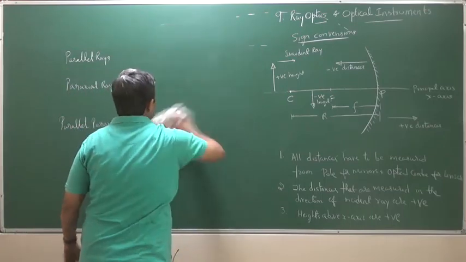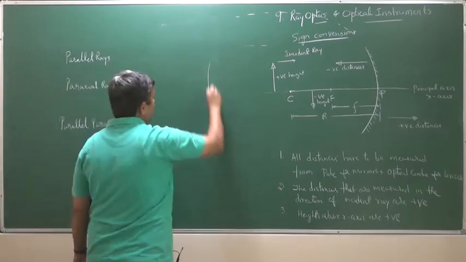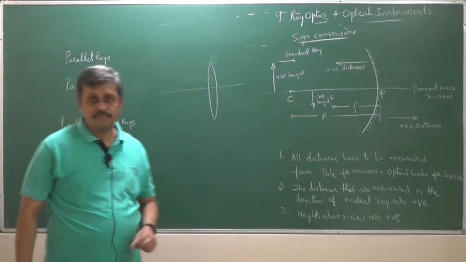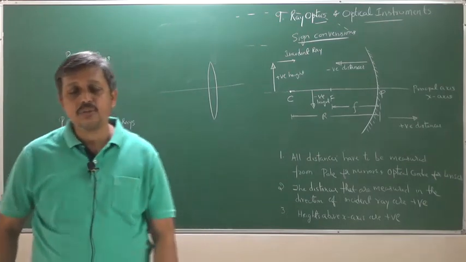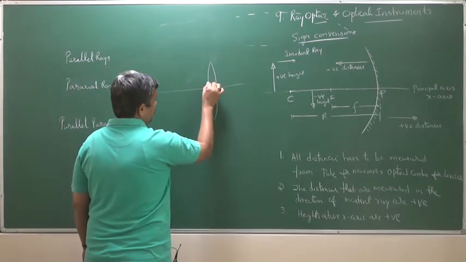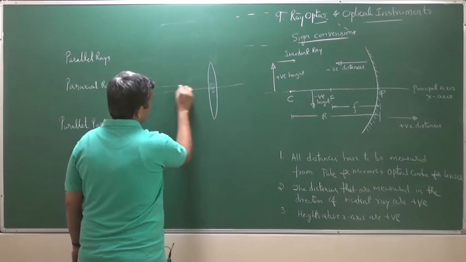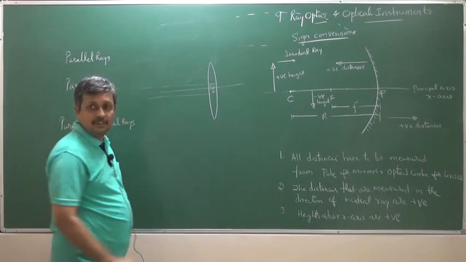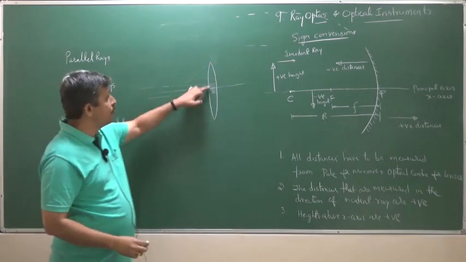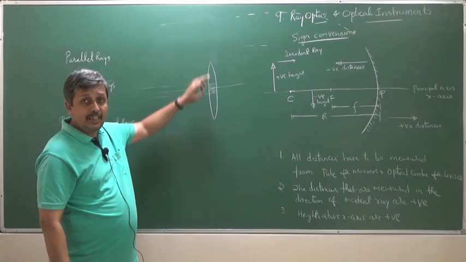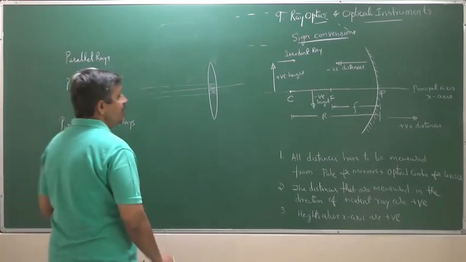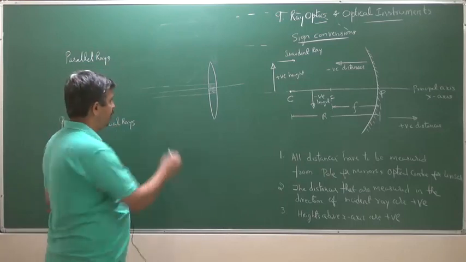If I have a lens here or a mirror, whichever one, and the rays are falling very near to the optical center or pole, in the sense that it's all coming only in this region, very near to the optical center, not too far away, not to the edge, and they make very small angles to the axis, like this.